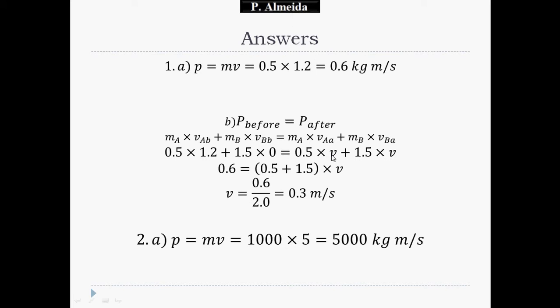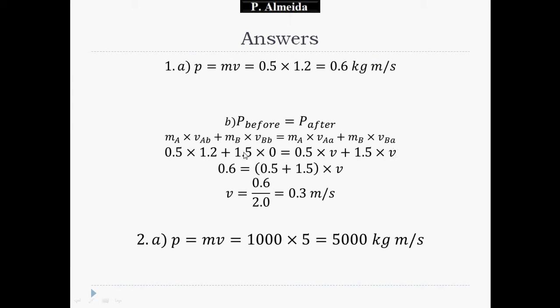I just don't know which velocity it is, so I'm going to write V, plus 1.5, mass of trolley B, times velocity of B after the collision. I write V again. Now, these two V's are the same because the exercise says that the two trolleys stick together after the collision. That means that the final velocity v_AA equals v_BA. The velocity of A and B are the same after the collision, okay?